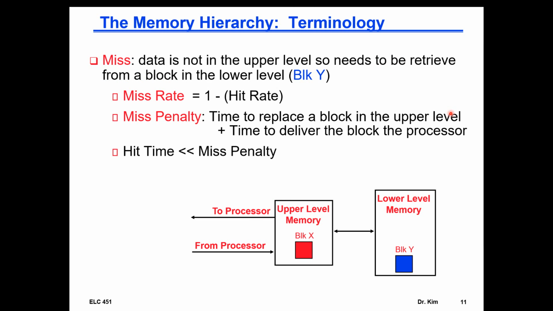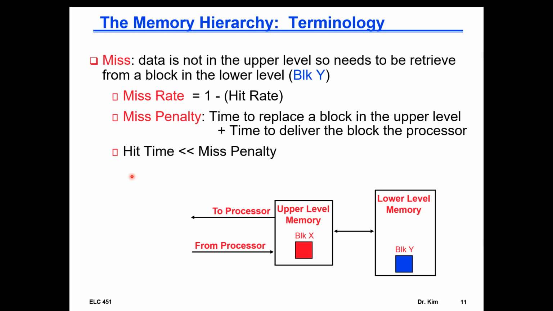So these are just the same. Now, the one thing to highlight here is that the hit time, which is the time that it takes the processor to access an item that is in the cache, is much smaller than the miss penalty, because the miss penalty has to do with the access time to the lower memory.